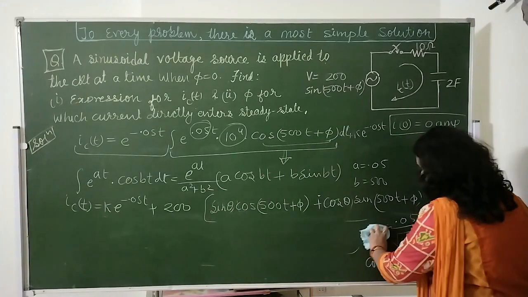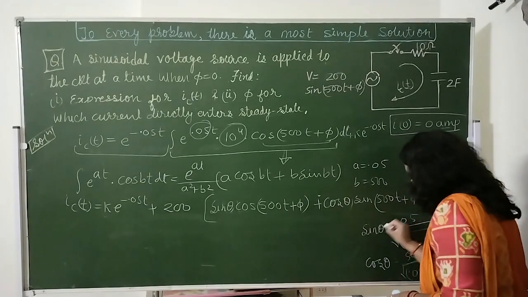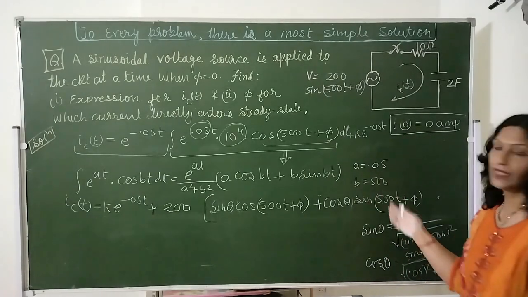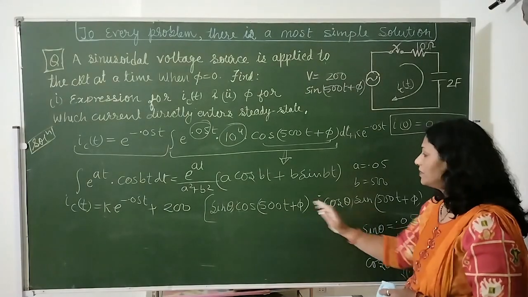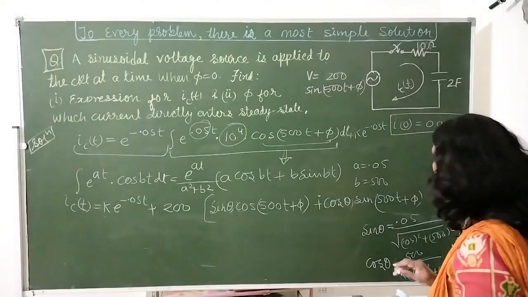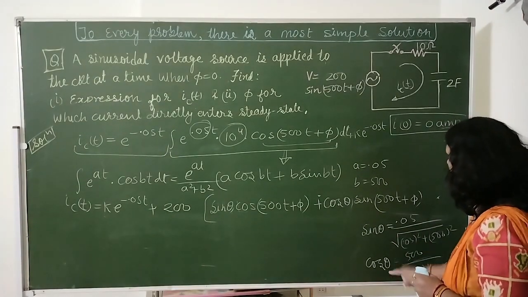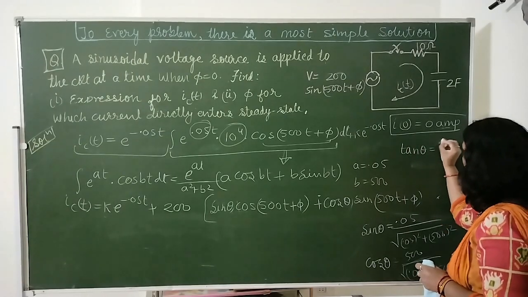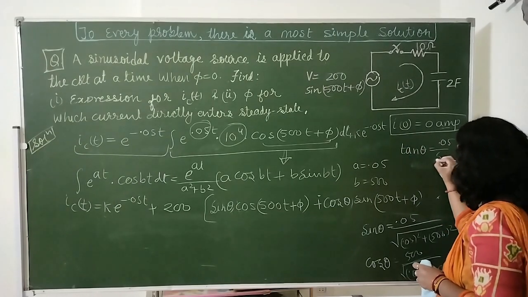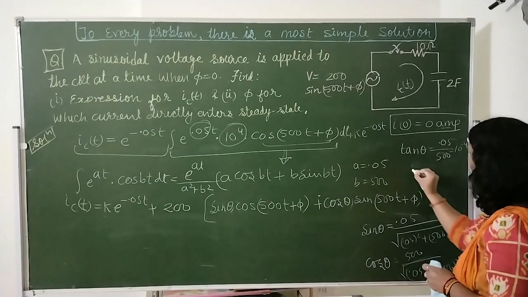You can take it the other way also, but in that case we have to use the identity of type sin A sin B, cos A cos B. So this is the sin theta and cos theta. Here we get the value of tan theta, that is 0.05 divided by 500, which equals 10 to the power minus 4.